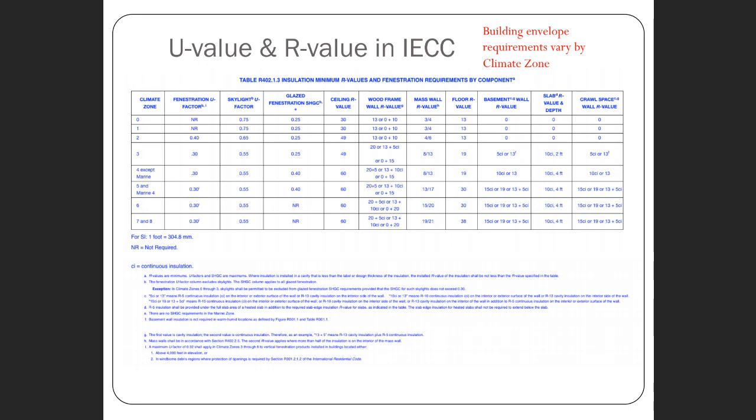That's the minimum. So again, the building codes are slowly but surely requiring higher levels of insulation, helping us drive down energy consumption and carbon consumption, right? Those are all good things that we need to be doing.